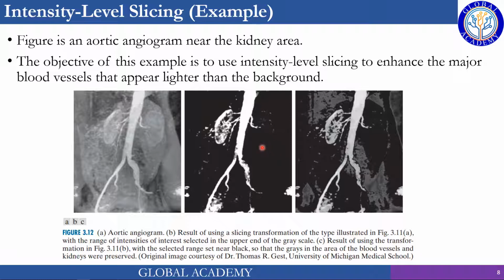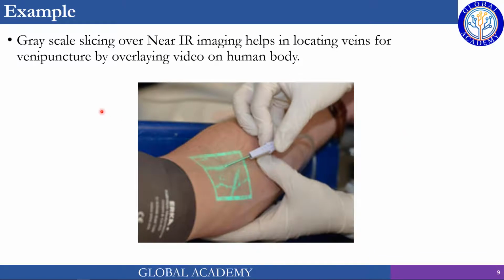The same application can be used in aerial images or space images. Here is another example. Grayscale slicing over near infrared imaging helps in locating veins for venipuncture by overlaying videos on the human body.